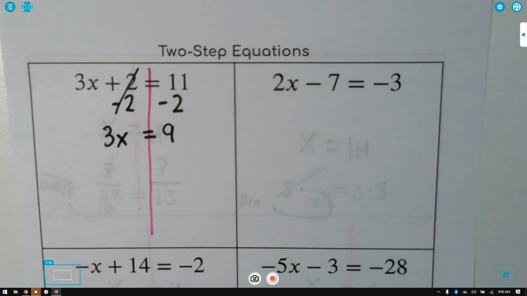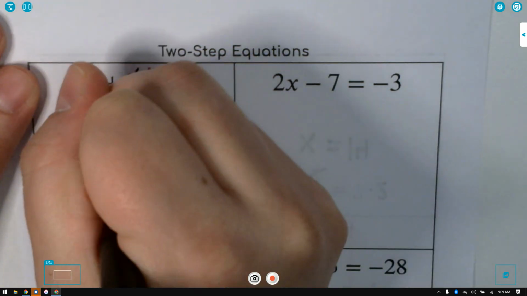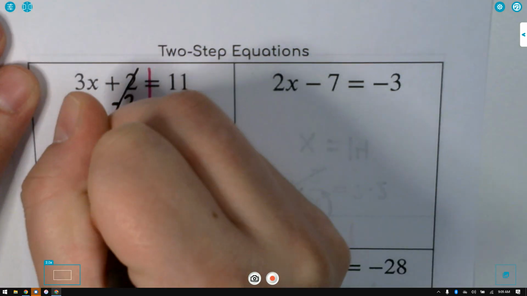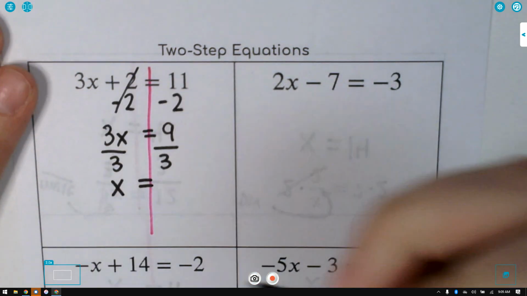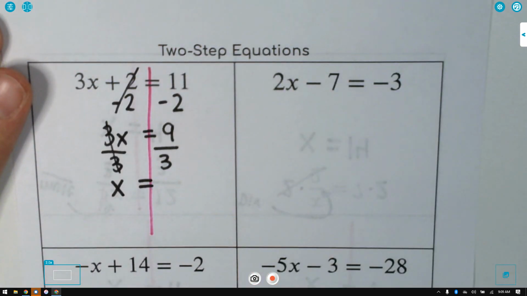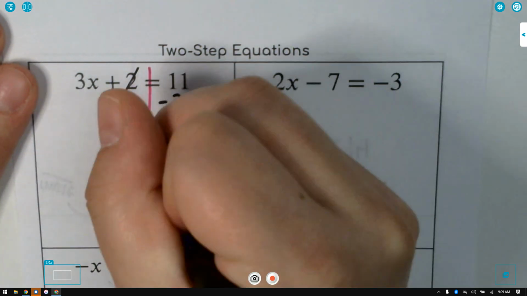Then from there, the problem that we essentially have is 3 times my number equals 9. So 3 times, that's 3 multiplied by x. Opposite of multiplication is division. So we can divide both sides by 3. And we'll get x equals, these 3's cancel out, 9 divided by 3 is 3.